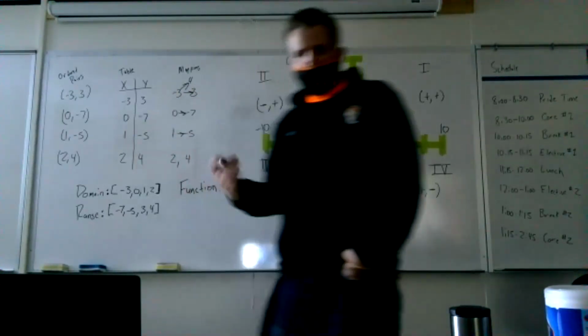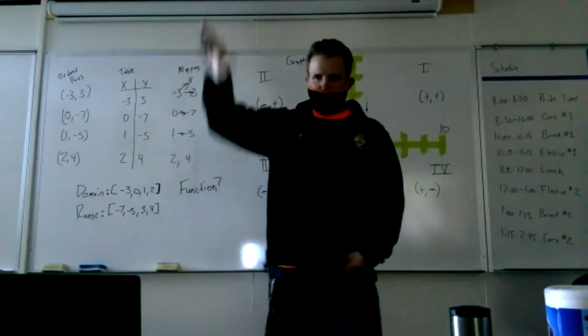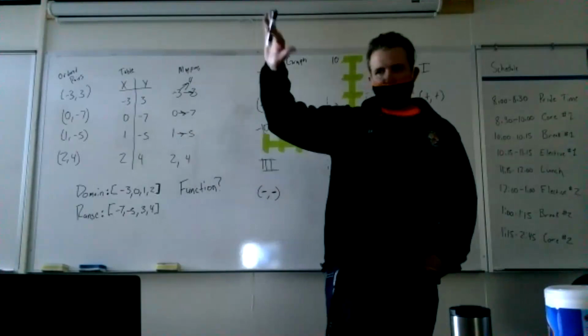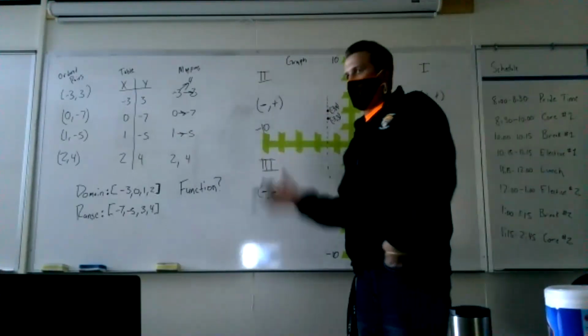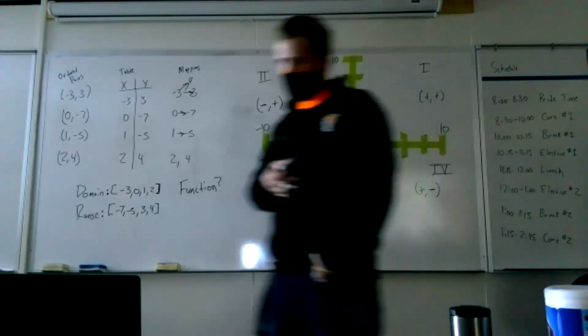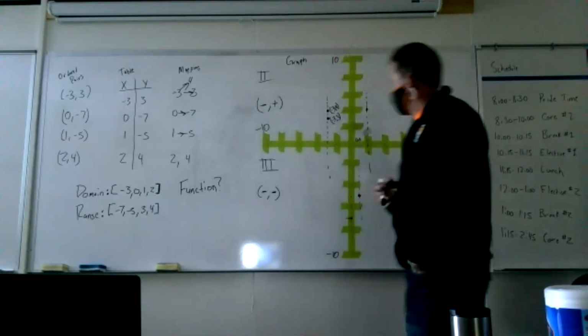Well, that's not necessarily true, because with a graph of a parabola, where it's that horseshoe shape, you're going to have the same y values, but they have different x values. Okay? Making sense that way?